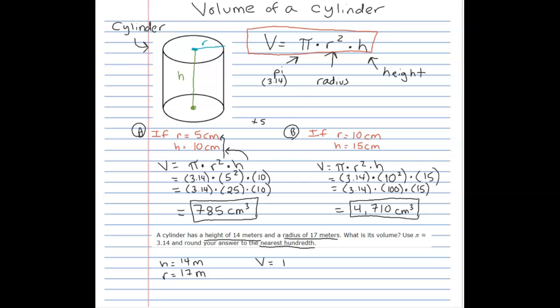Volume here is pi times r squared times the height. Pi, 3.14. R squared. R in this case is 17.